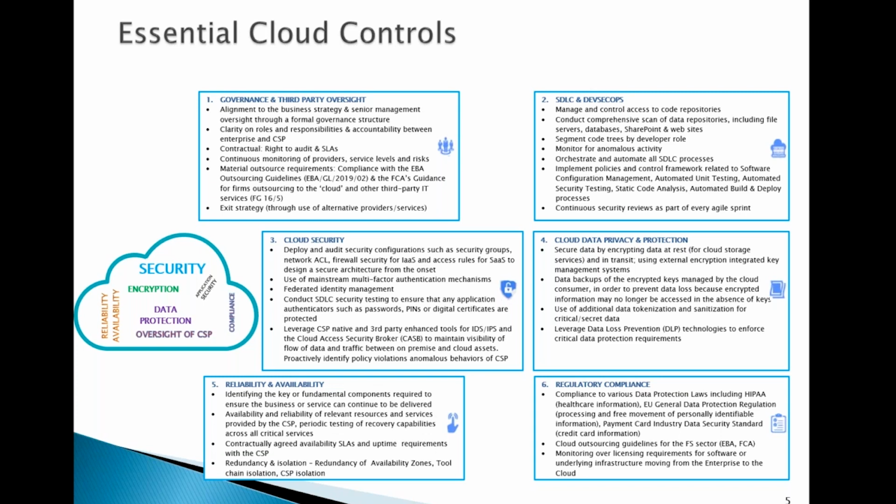So in terms of reliability and availability, a lot of people assume that the cloud is, of course, going to be much more reliable than in-house applications and in-house managed infrastructure, and I think that's true in most ways.